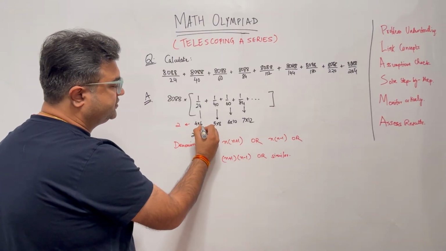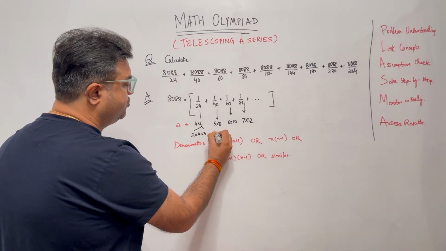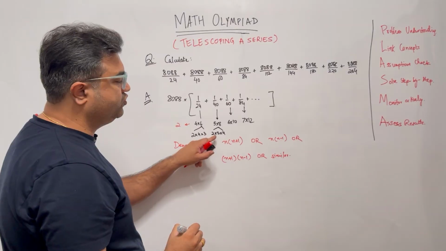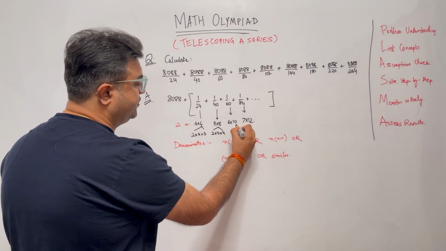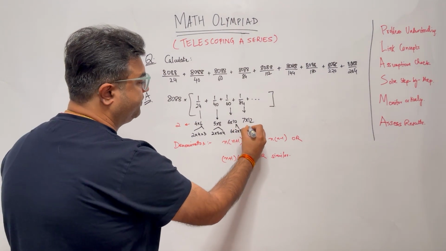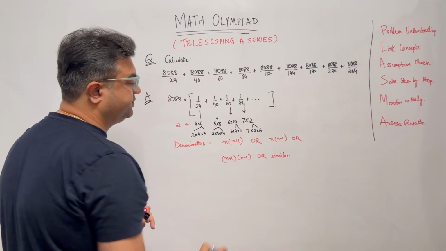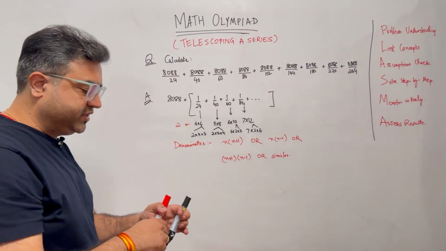I have split 6 into 2 and 3. This will become 2 into 5 into 4. I have split 8 into 2 and 4. Then 2 into 6 into 5. Then 2 into 7 into 6. Is there a pattern emerging here?